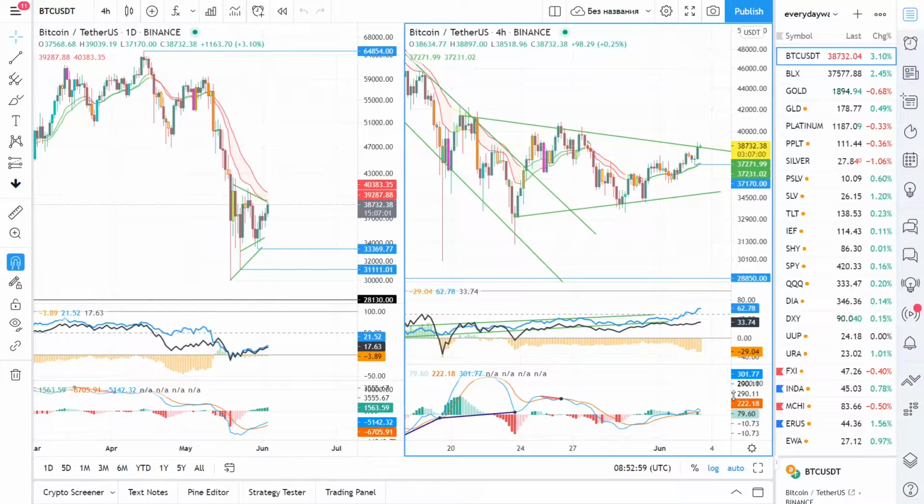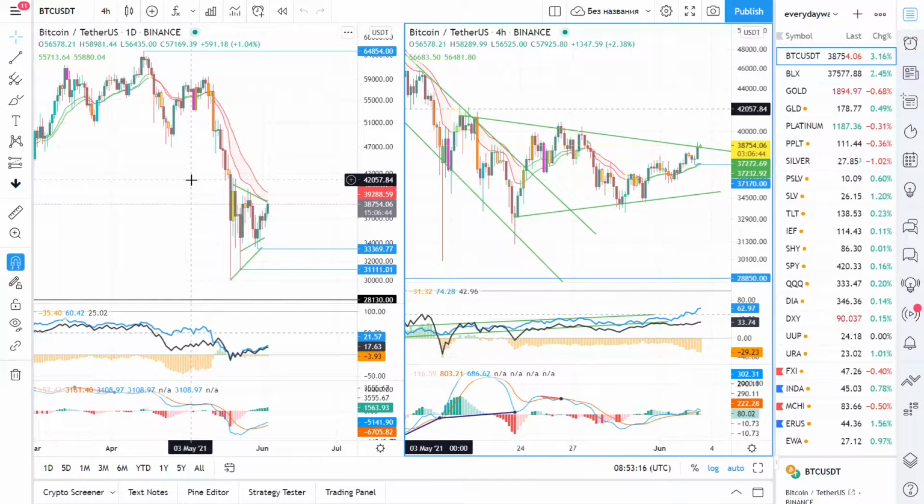The first thing we want to look at is the Bitcoin to USDT Binance chart, because there is the biggest majority of the volume traded at the moment.